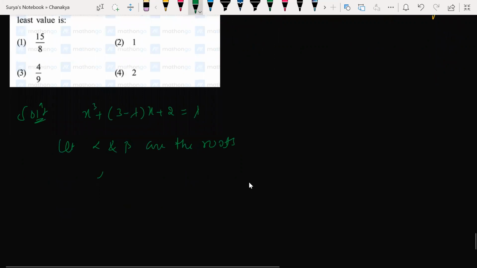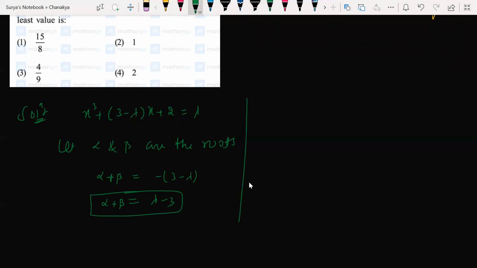Then alpha plus beta is what? Minus b by a is nothing but minus of 3 minus lambda, which can be written as lambda minus 3, correct? This is alpha plus beta, right?